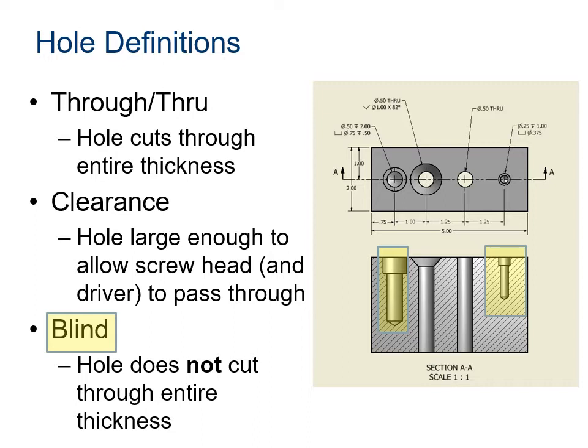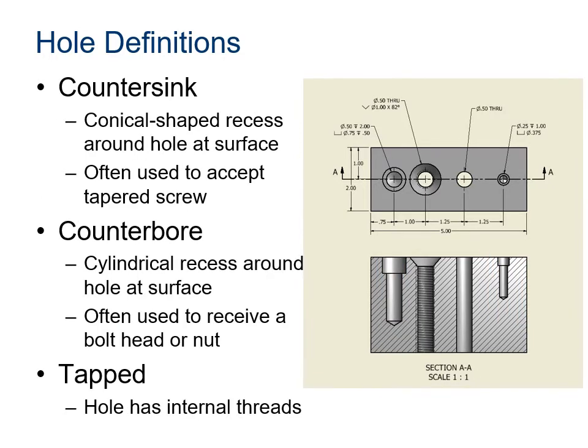A blind hole is a hole that does not cut through the entire thickness. It's called blind because you can't see it from the other side. A countersink means that there is a cone-shaped recess around the surface. It's meant to accept the head of a tapered screw. A counterbore hole has a cylindrical recess around the hole at the surface.